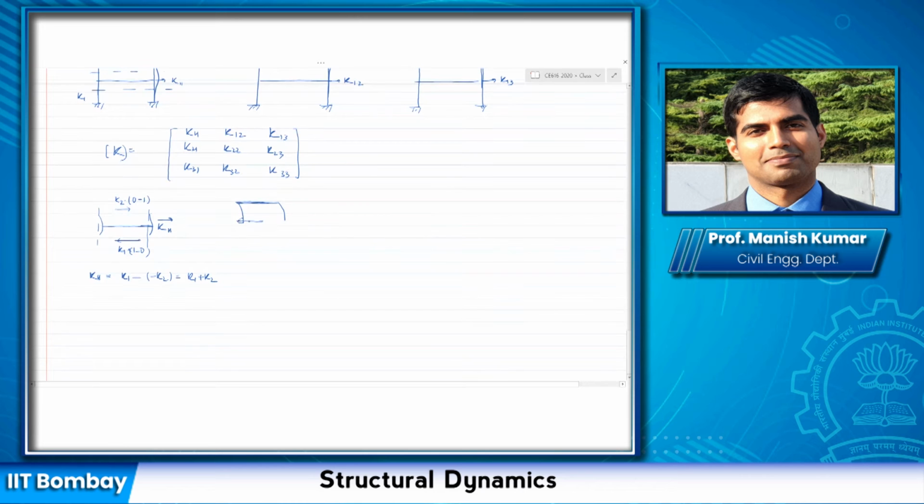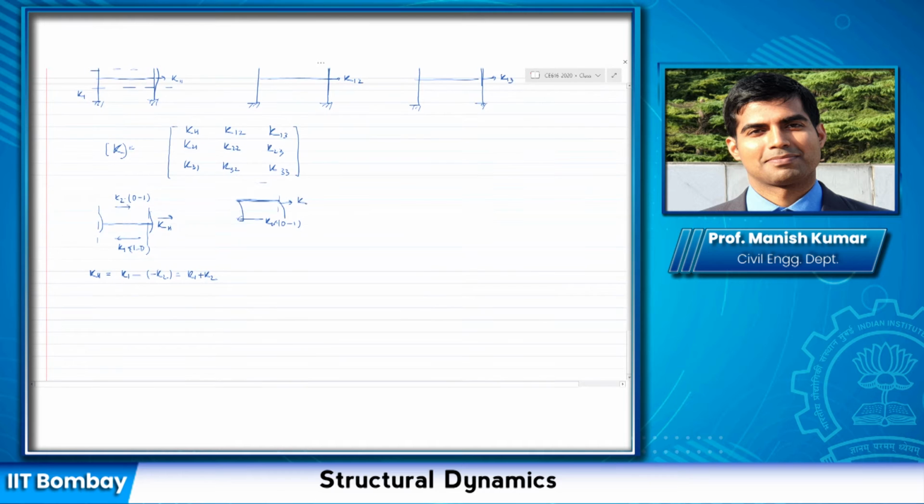The force that is being applied here is K2 times this displacement, which is 0, times this displacement, which is minus 1. So U2 minus U1. Remember, U1 is 1, U2 is 0. And then I have this system for which the displacement is 0, so there is no force from above. Okay, and I need to apply this, this is my K2.